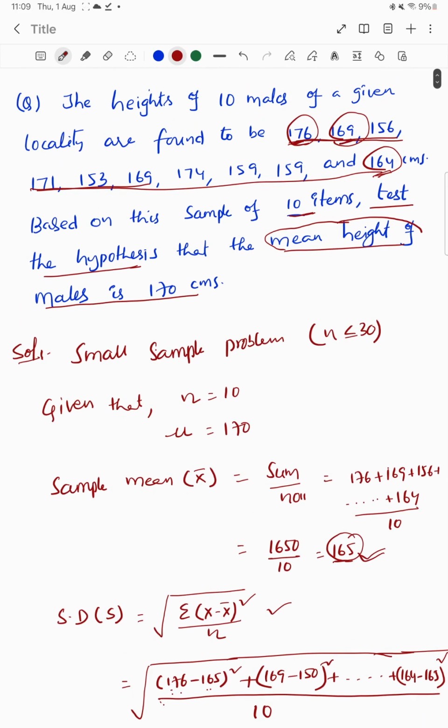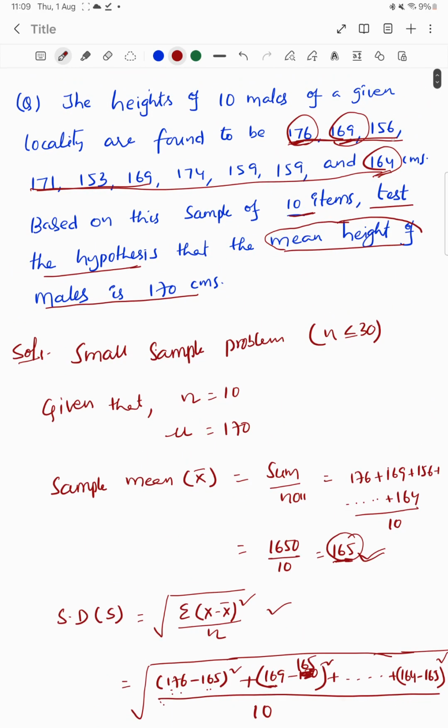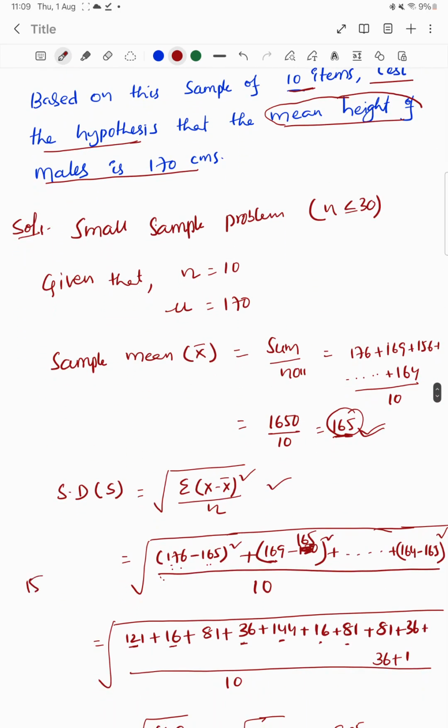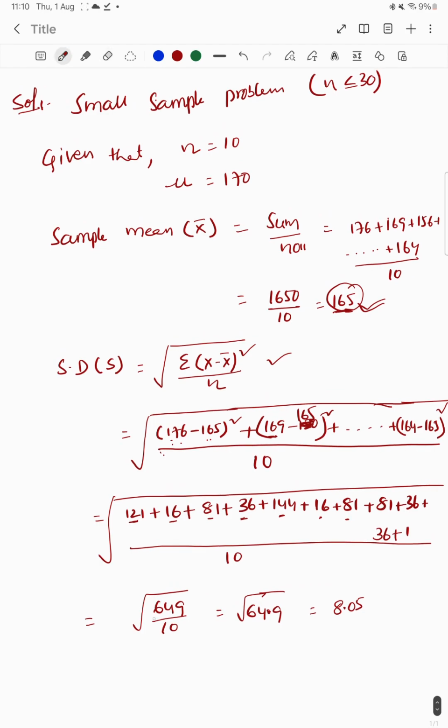Similarly, the second observation is 169 minus the arithmetic mean 165, which is 4, and 4 square is 16. Coming to the third one, 156 minus 165 is minus 9, but minus 9 squared becomes 81, and so on. Likewise, I have applied the formula for all 10 values. I have got root 645 by 10, which is equivalent to 8.05.